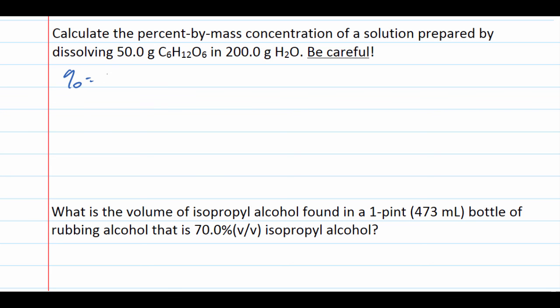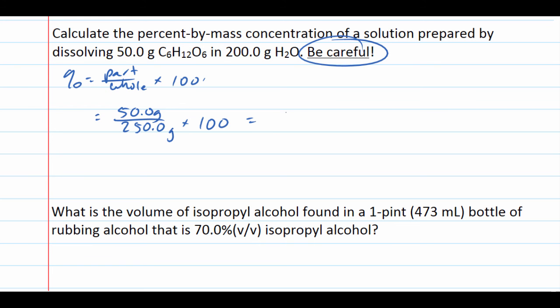That's the whole. Right. Remember, that percentage is always the part over the whole times 100. So that was the caution here. Be careful. If you are calculating percentage, you need to take the whole amount. So in this case, we take the 50.0 grams, we divide it by the whole amount, and the whole amount again would be 250.0 grams, times 100.